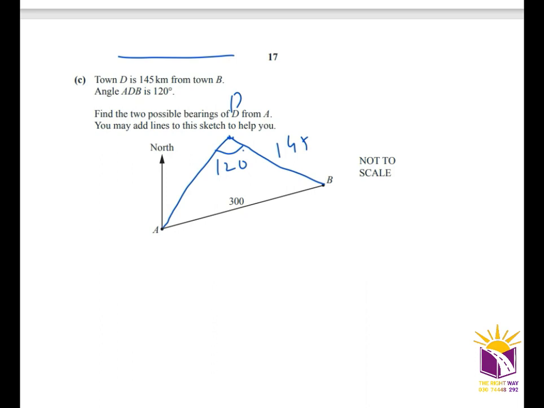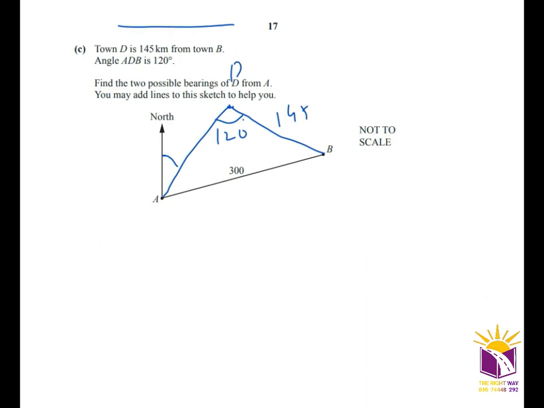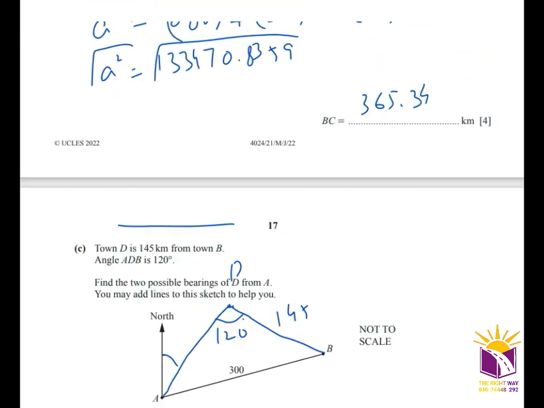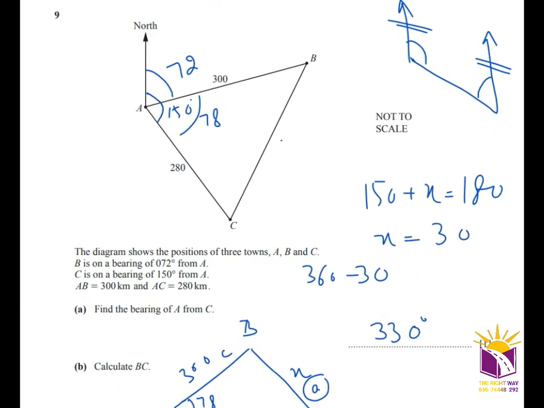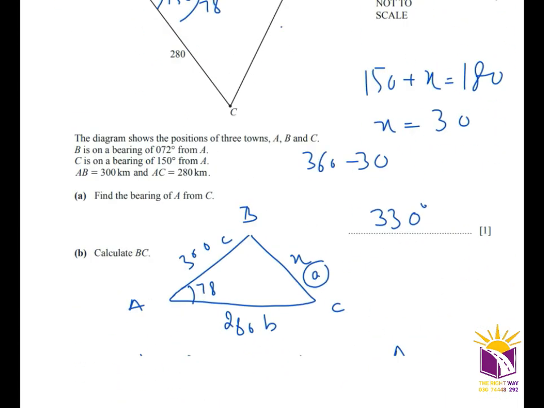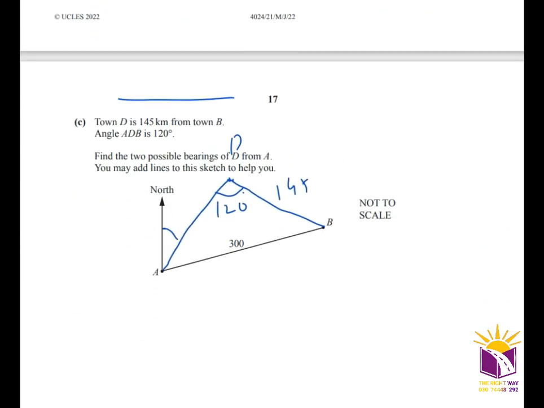Now I have to find the bearing of D from A. So I have to find this angle. For this angle, in the previous question we have been given the bearing from A to B, which is equal to 72 degree. So this angle is a total of 72 degree.